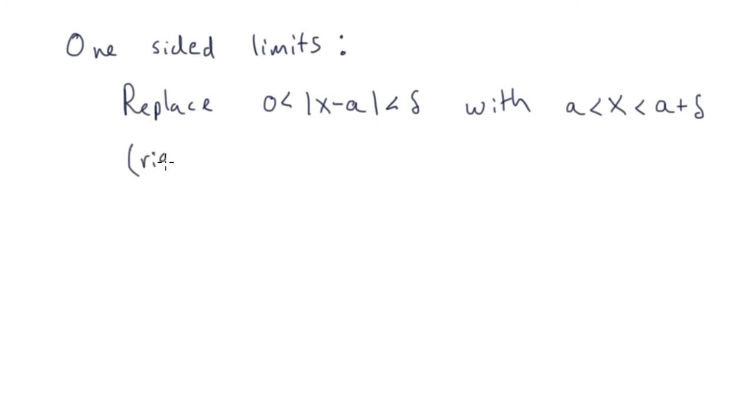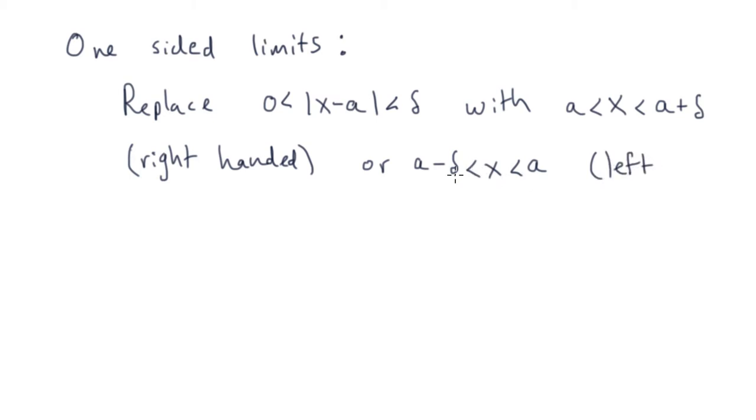This is for a right-handed limit, so this is just to the right of a. Or a minus delta is less than x less than a for left-handed limits. And you see that if x is between a minus delta and a, it's going to be just on the left half of that window.